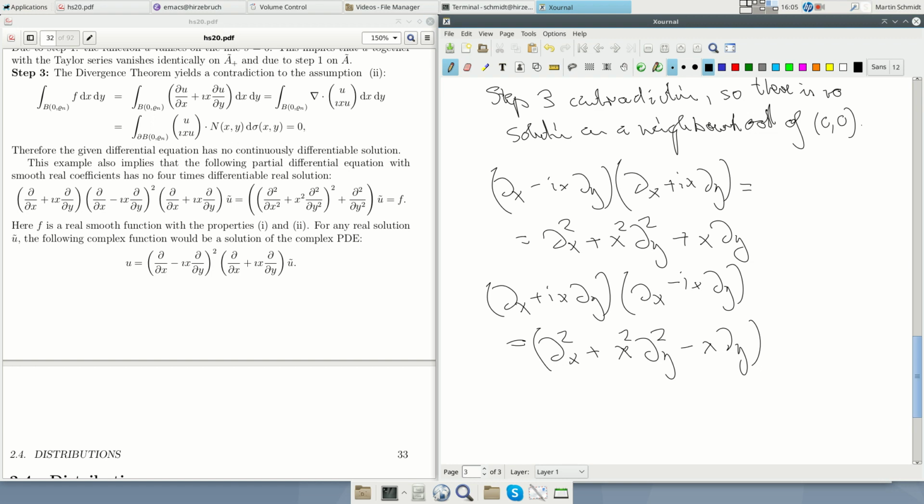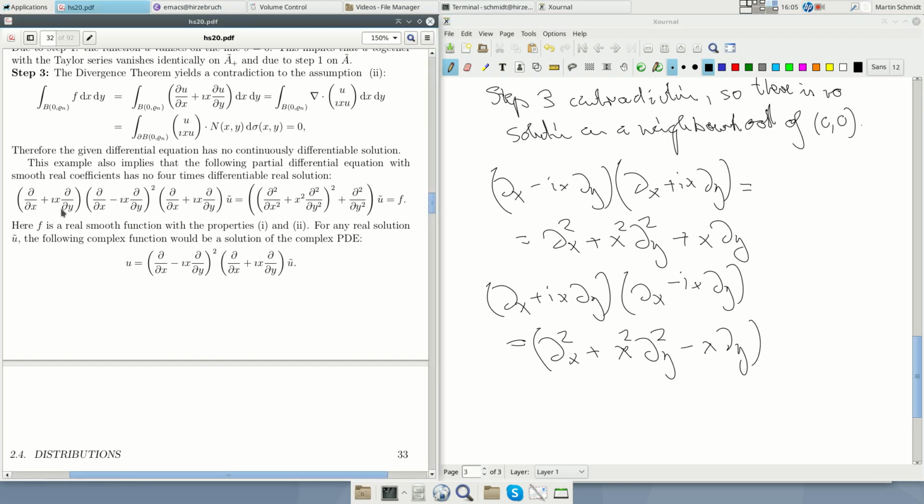And now this operator is this operator times this operator, and we can write this as this operator times this operator.